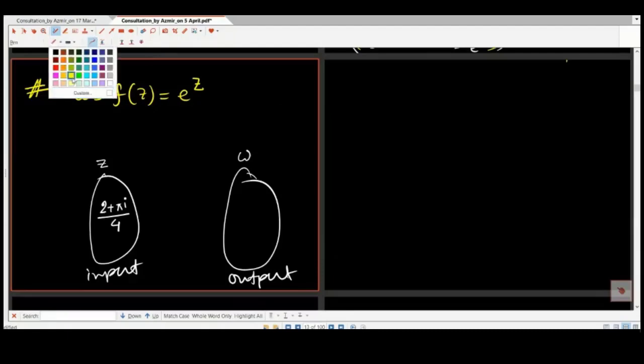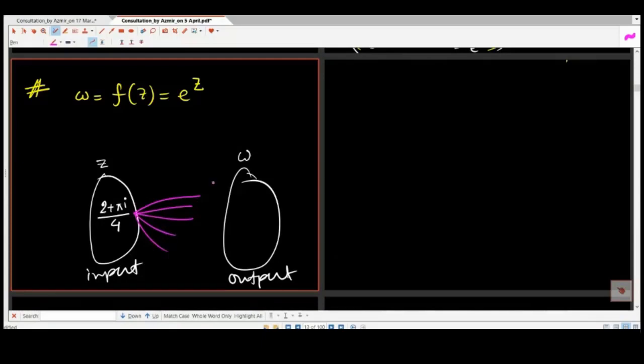So let's see what happens for this input. If we get more than one output, then this function will not be single valued, it will be multi-valued. But if we get only one output, then it will be a single valued function. And definitely complex exponential functions are single valued.